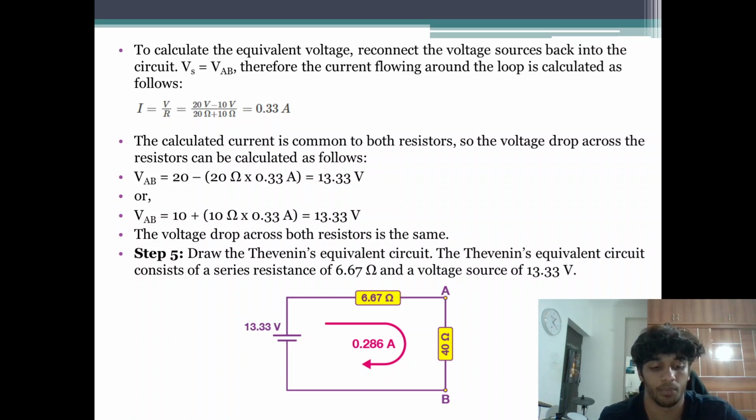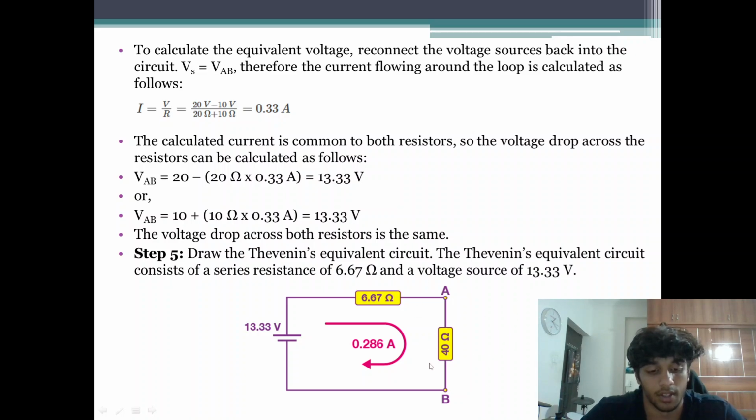So step 4 is we're going to reconstruct the Thevenin circuit. Replace the original circuit with the Thevenin circuit. VTH equals 8.33 V in series with 0.33. Reconnect the 40 ohm load resistance. So we're going to reconnect the 40 ohm load resistance like we did right here.